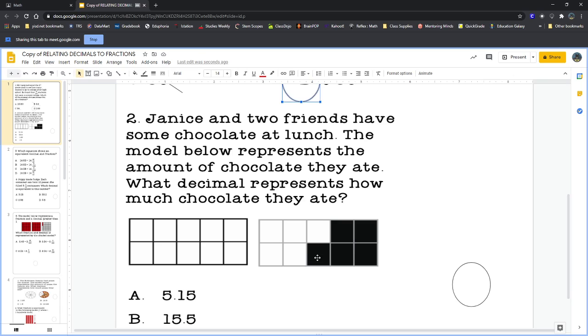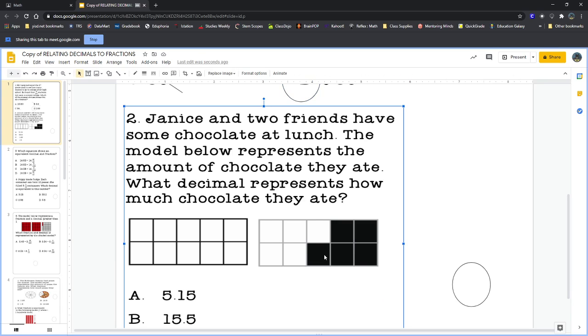In this case, the chocolate are the parts that are still there. So this is what they have. All these blank spaces are the pieces of chocolate they already ate. So we can see that they ate 1 whole bar of chocolate, and they also ate part of the other bar.